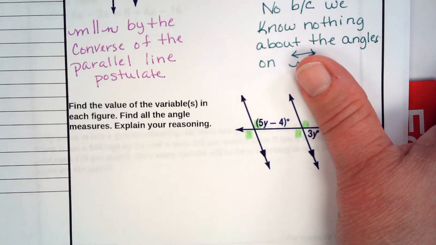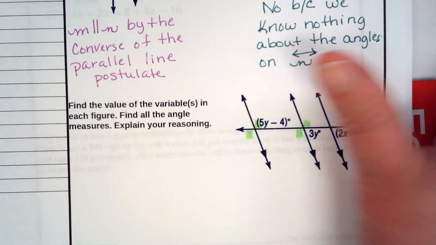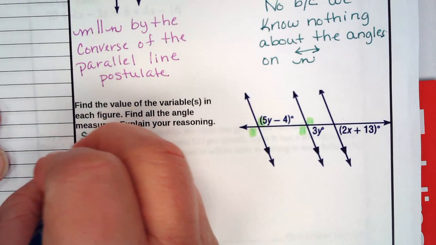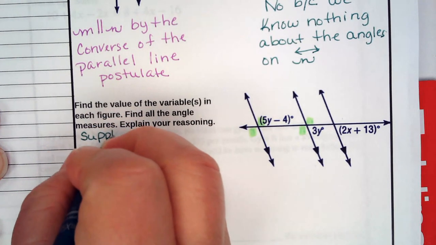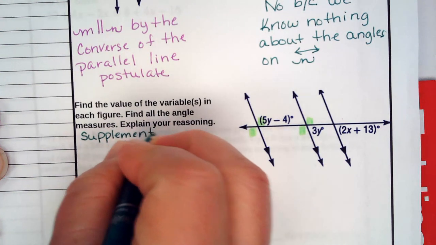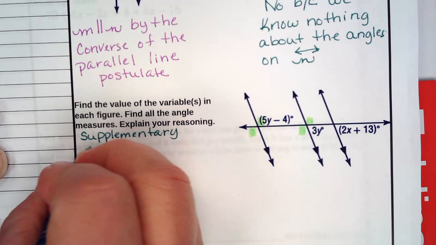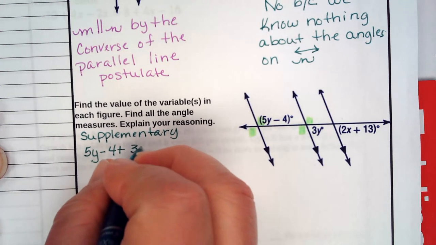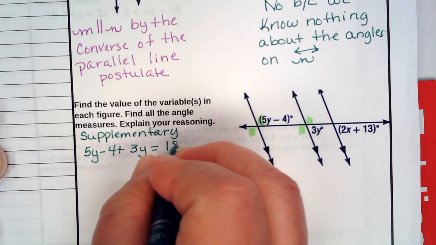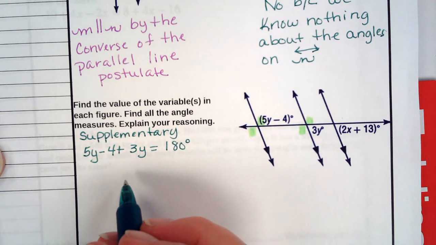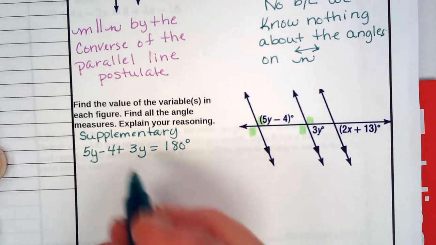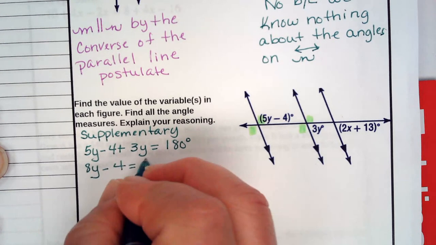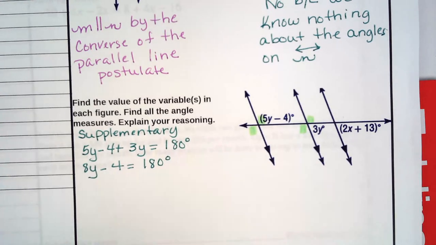That means when I add them together, I get 180 degrees. 5y minus 4 plus 3y is equal to 180 degrees. Combine your y values, 5y plus 3y. 8y minus 4 is equal to 180 degrees.